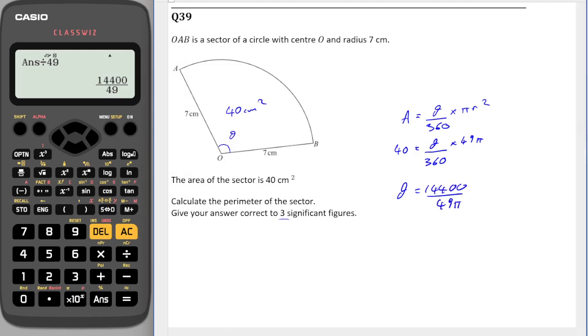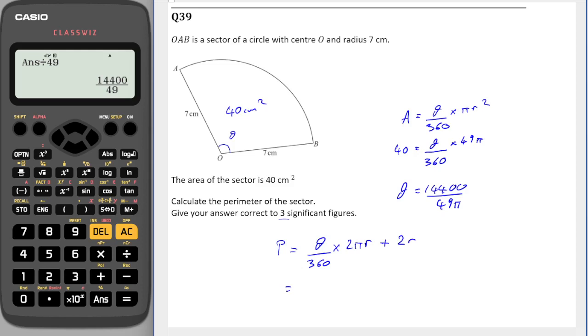So if we want the perimeter of the sector, the perimeter is going to be equal to the angle divided by 360 times 2 pi r, and then to that I would need to add on 2 lots of r, or 2 times 7. So let's see whether this works out nicer.